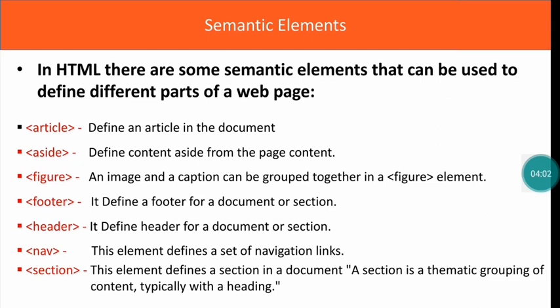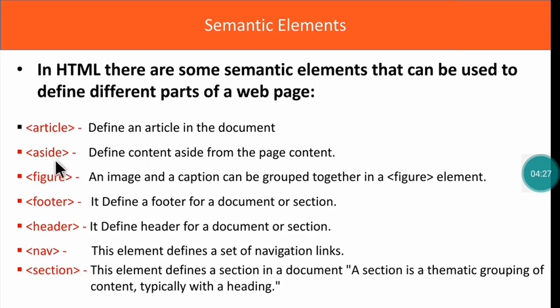Examples include a forum post, a magazine or newspaper article or a blog entry. Suppose you are writing a blog on the web page, that becomes an article. You are writing something about your newspaper, that becomes an article. You are writing something regarding a magazine, you are going to post some content as a paragraph, so that becomes an article. Or you are going to post something in the forum, so that becomes an article.